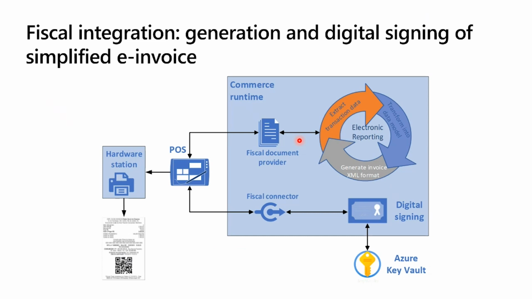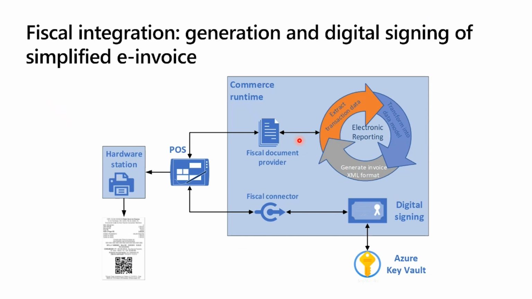And the second part of a fiscal integration functionality is the so-called fiscal connector, which is also an extension. It's a piece of code that is responsible for the submission of the fiscal document in a way that is supported for a particular country, in a particular functionality.